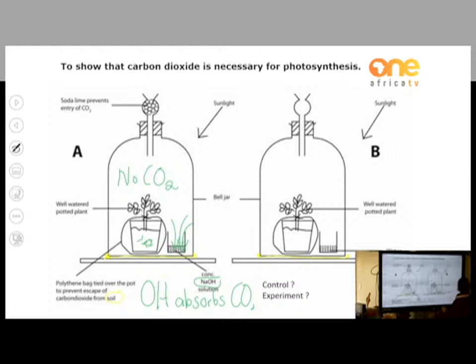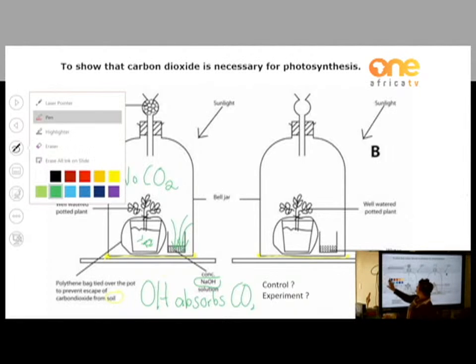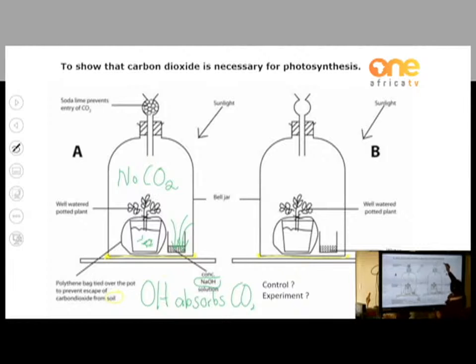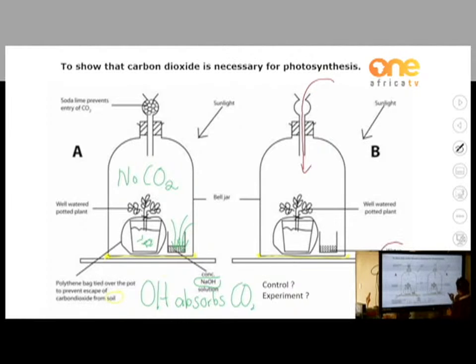On this side, we have the air coming in, and we know air contains carbon dioxide. Now, here in this picture there's water, but I can add a carbonate, any type of carbonate in here, which will release some carbon dioxide to make sure that this one is filled with carbon dioxide.